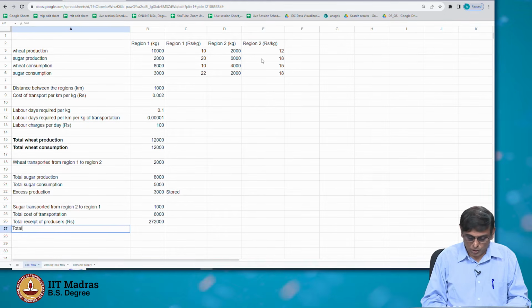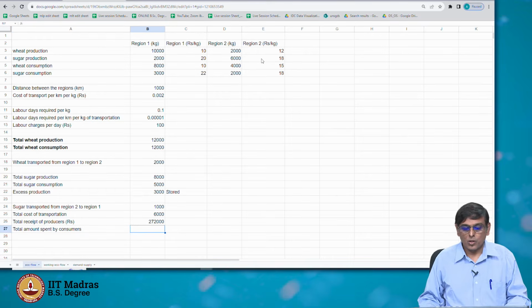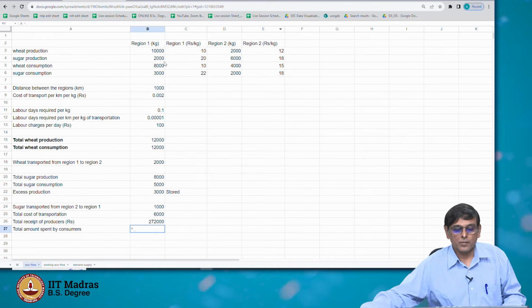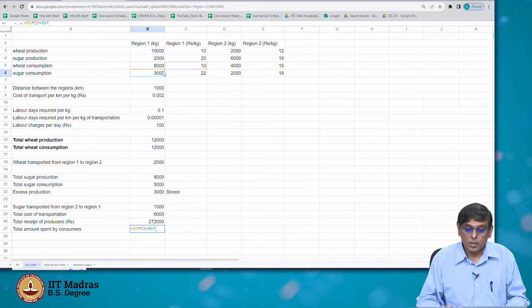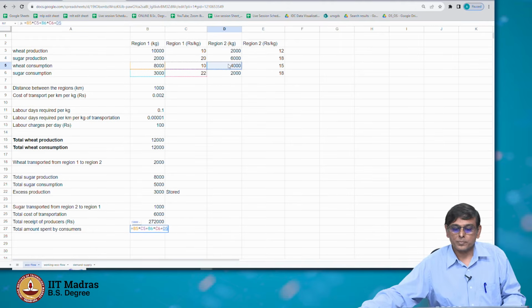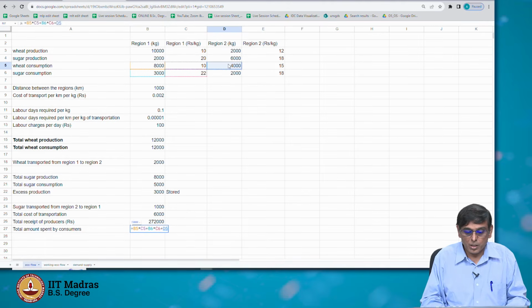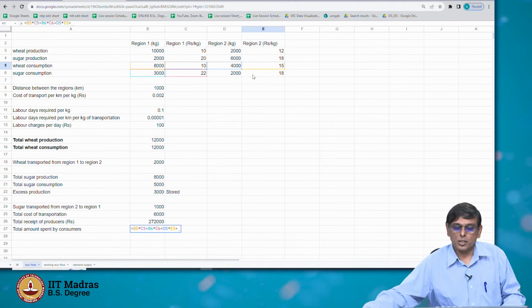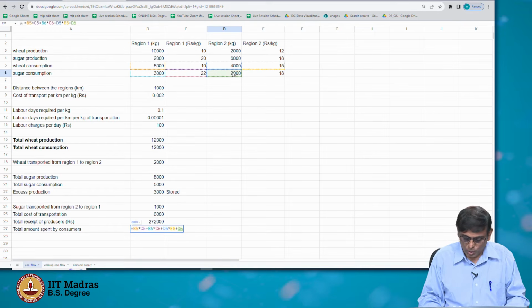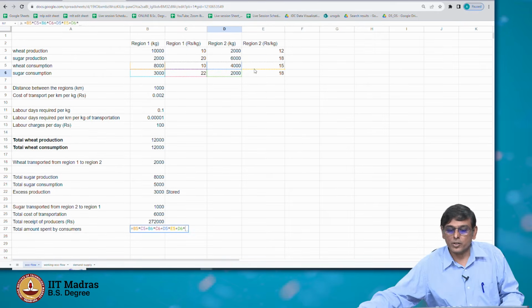And what is the total amount that was consumed, spent by consumers? Similarly, I can calculate wheat consumption was this much in region 1, sugar consumption was this much in region 1, wheat consumption into 15 plus sugar consumption in region 2 into 18.